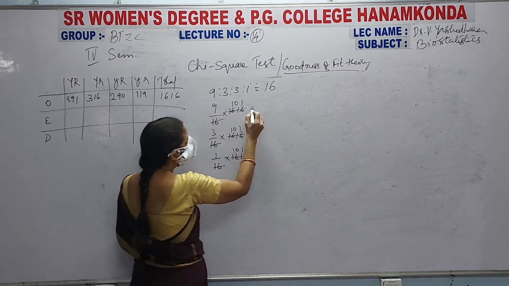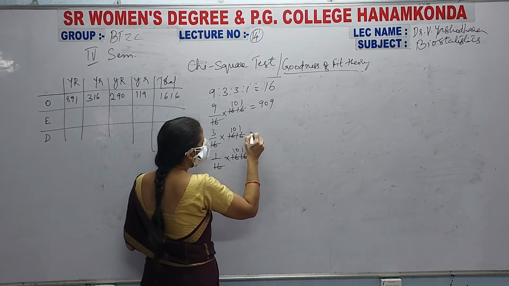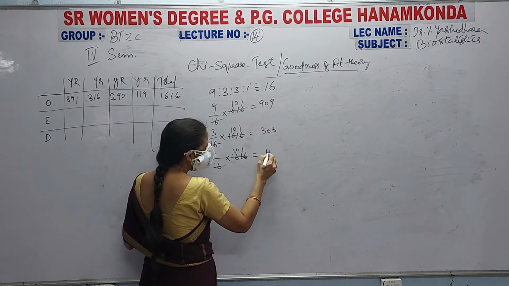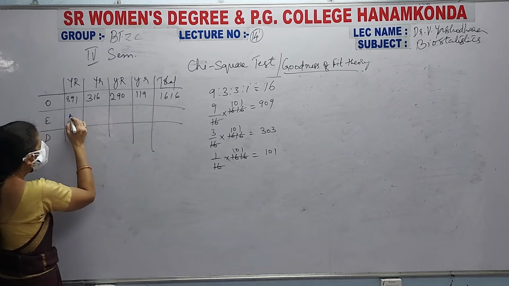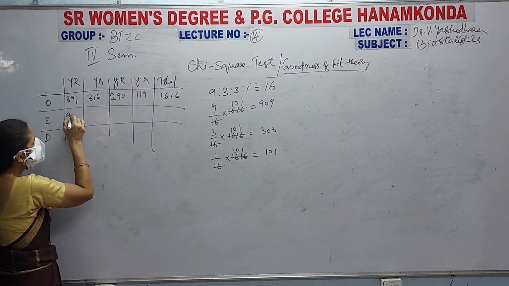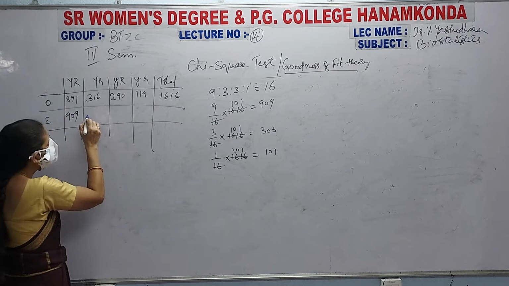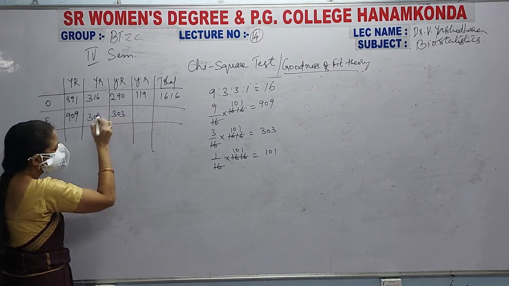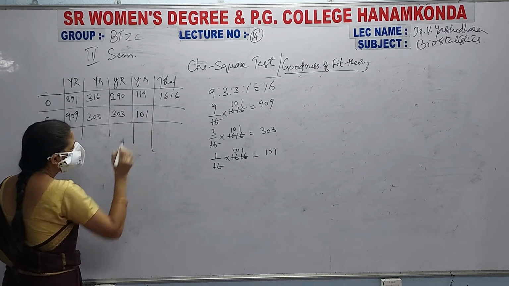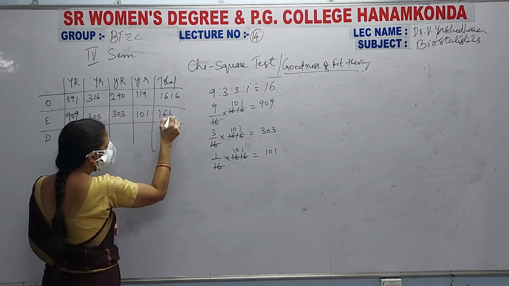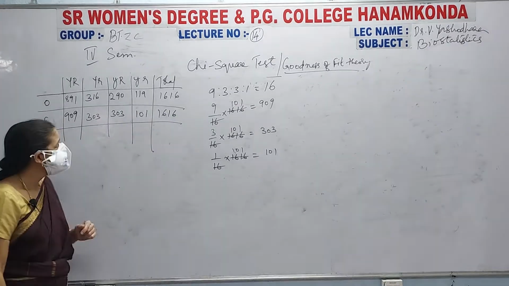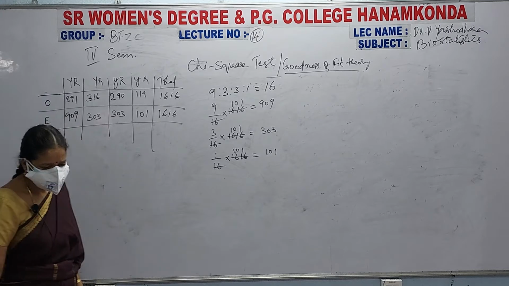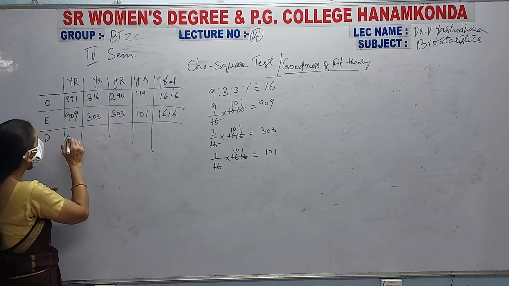Now see, 9 × 101 is equal to 909, 3 × 101 is 303, and 1 × 101 is 101. Here I got the first one as 909, the second one in the 3:3 ratio as 303, and since the third is the same, I did not calculate again: 303. Next is 101. The total is 1616. You can get the total. Now coming to the deviation or difference between 908 and 891, it is 18.